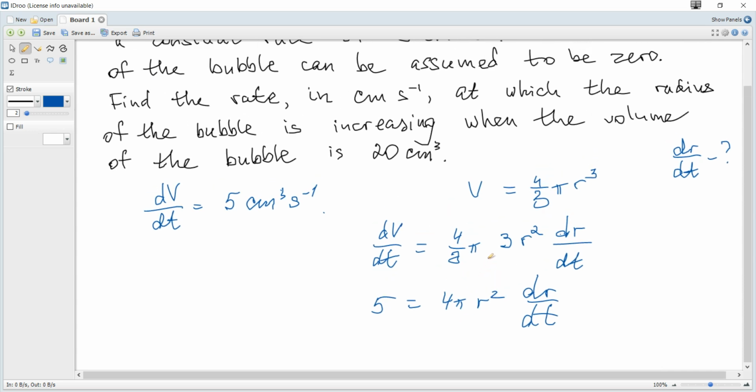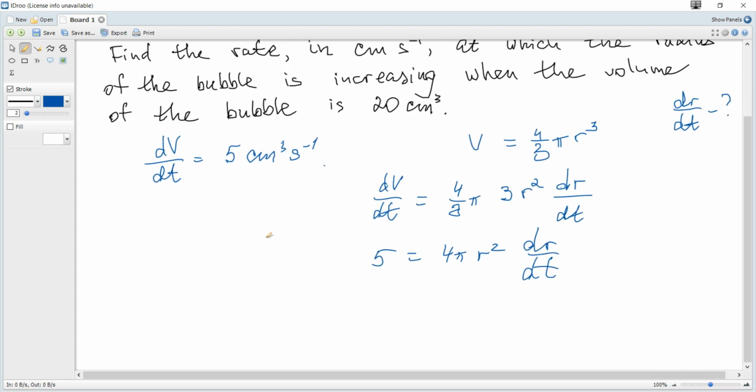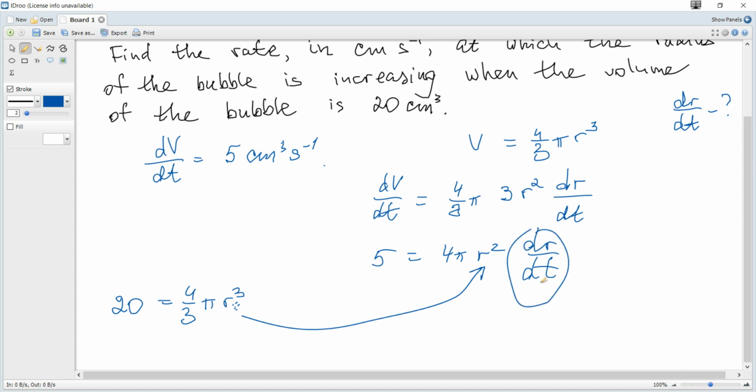And what moment of time is required here? When the volume is 20. So we should consider just the volume formula, and the volume should be 20, 4 over 3 pi radius cubed, and we need to solve for r and substitute into this, and then solve for dr over dt.